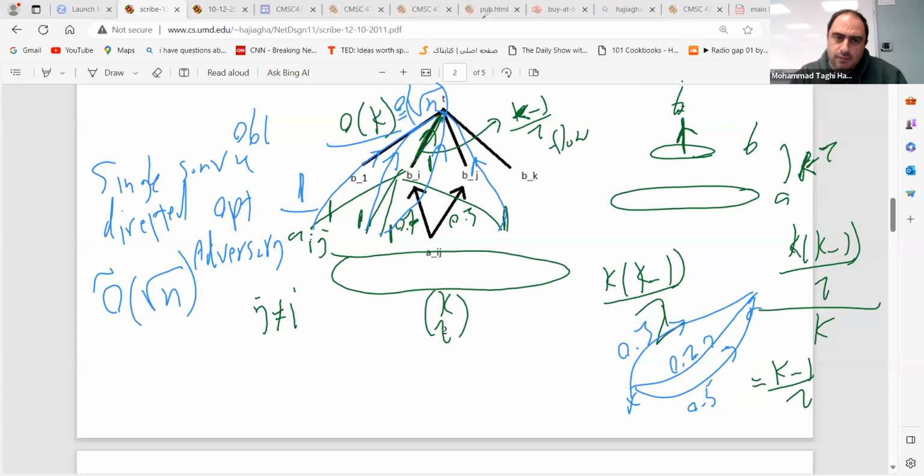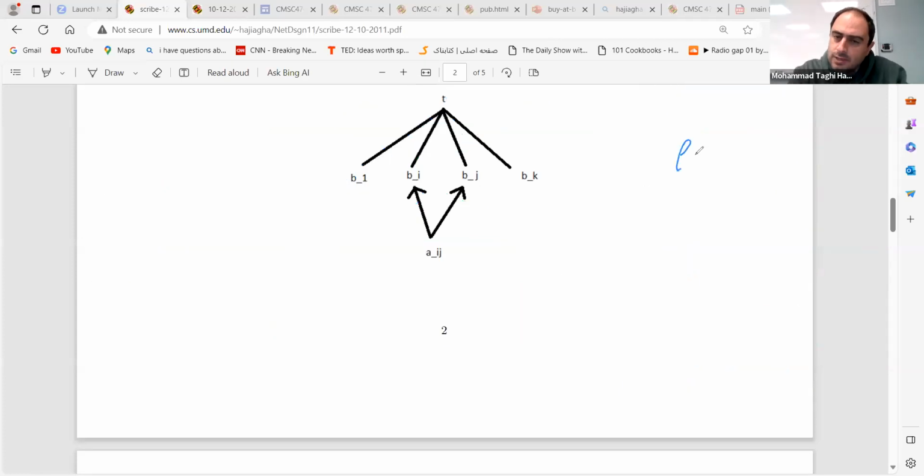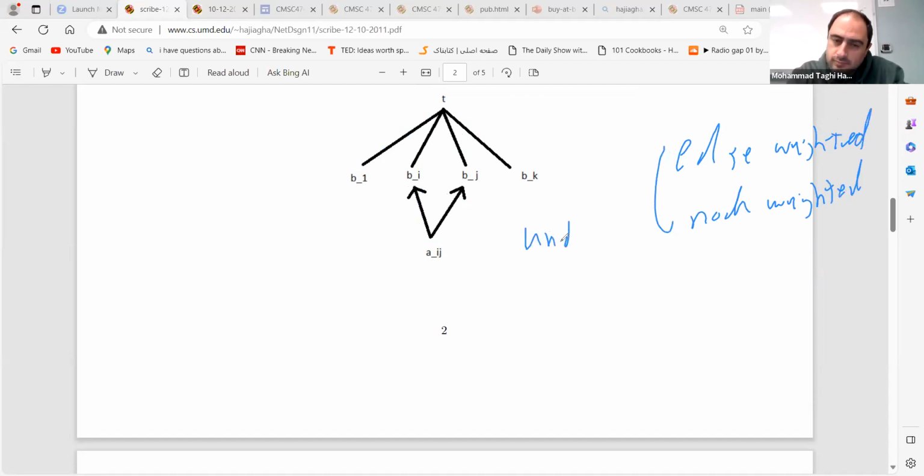Let me add just one final note here. We talk about three versions of the graph. We talk about edge-weighted. We talk about node-weighted. Both of them undirected. And finally, we have the directed graph.